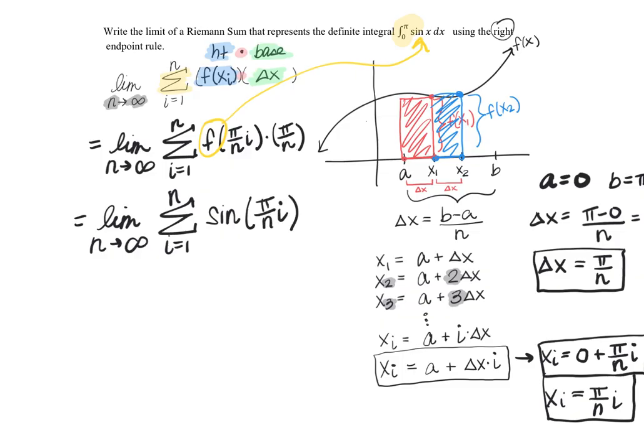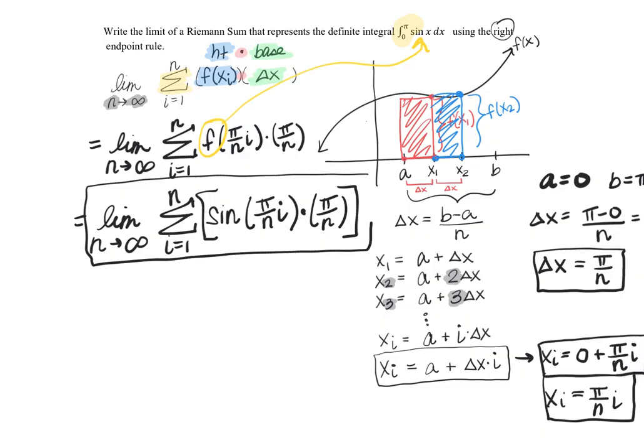That will get us the heights of all of our rectangles, times pi over n. And if you want to put this in big brackets like so, you can. This is going to be the limit of the Riemann sum, and this is equivalent to the exact area under the curve, which is the definite integral from 0 to pi of sine of x dx. These are two equivalent ways of writing the same thing, communicating the same mathematical idea: the area between the curve and the x-axis from 0 to pi.